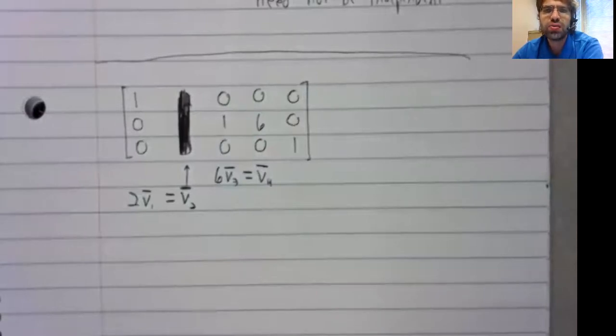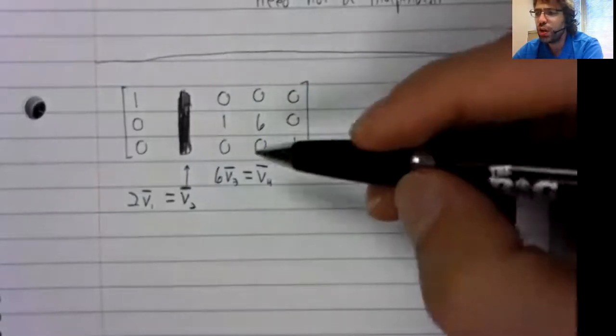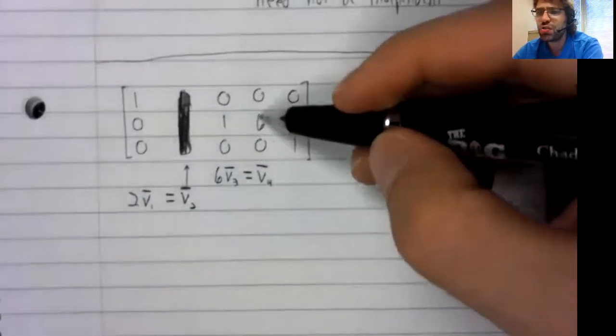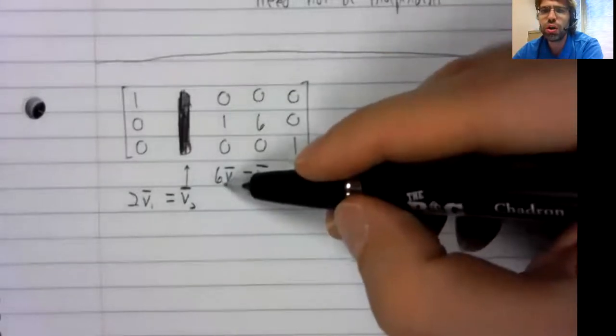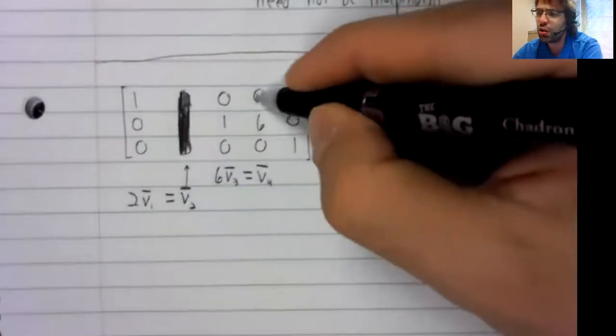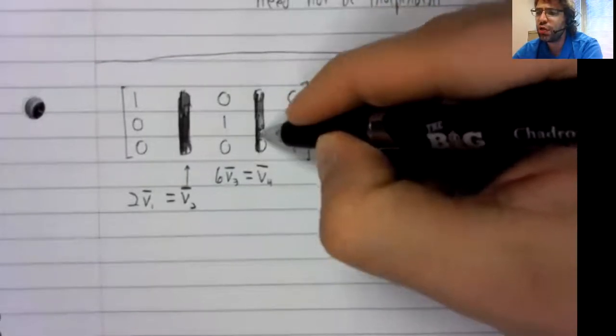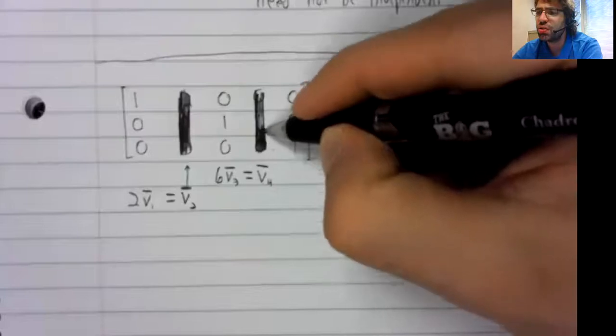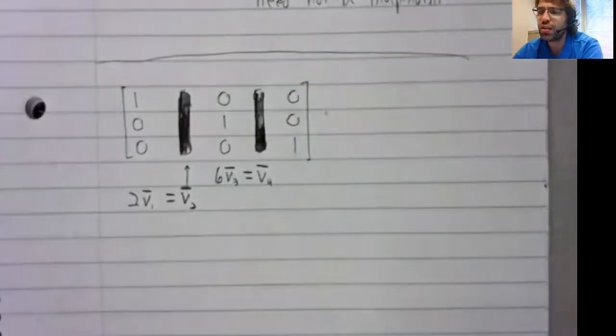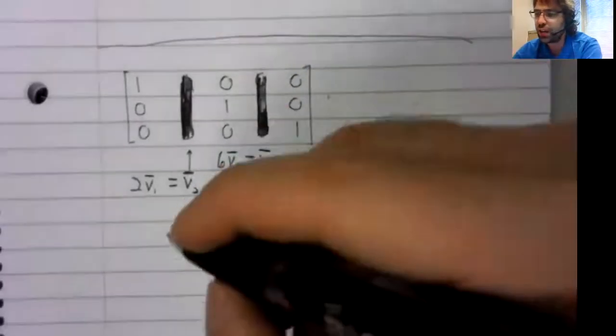And again, the spanning set theorem tells you, okay, if this column is a linear combination of other columns, getting rid of it doesn't affect the span.